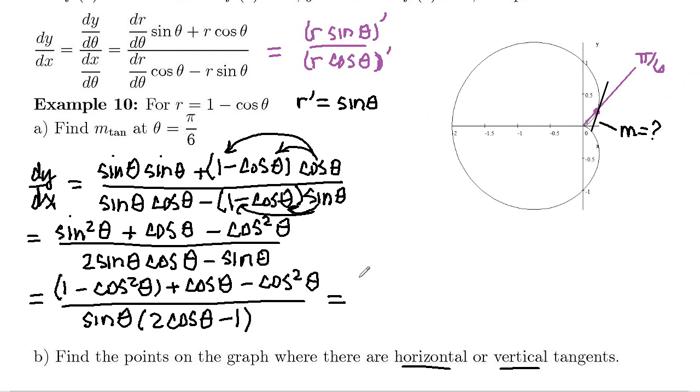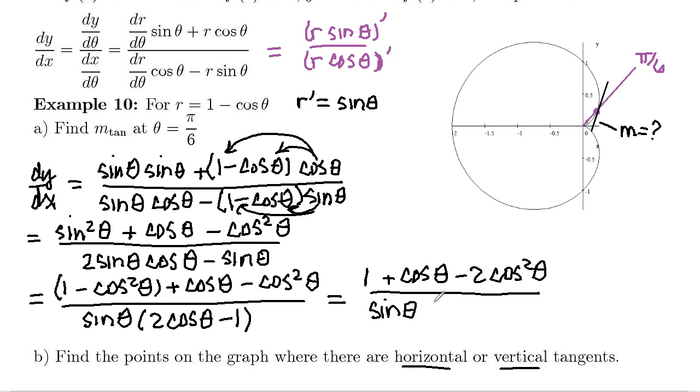So this is actually going to be 1 plus cosine theta minus 2 cosine squared theta. And our denominator from the previous steps is the same, sine theta times 2 cosine theta minus 1.